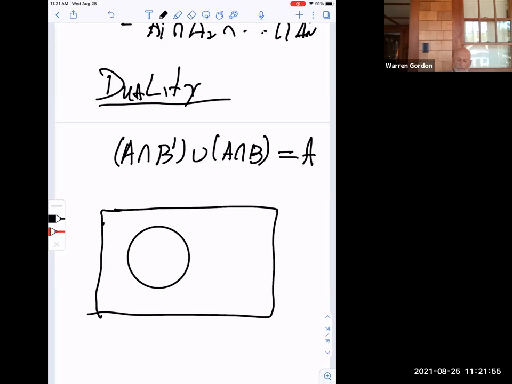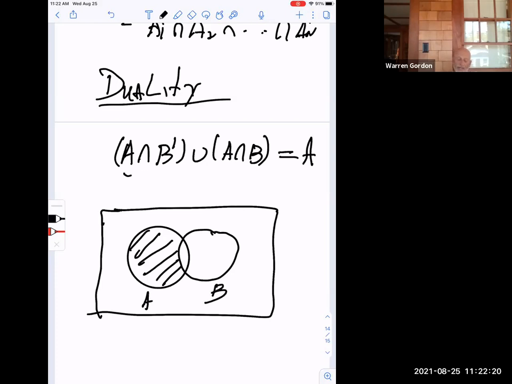There's A. There's B, okay? A intersection B complement is what set? It's in A and it's not in B. Right? Oh, this is A on B. I'm sorry, I forgot to put that in.